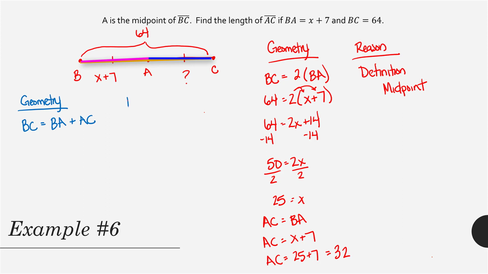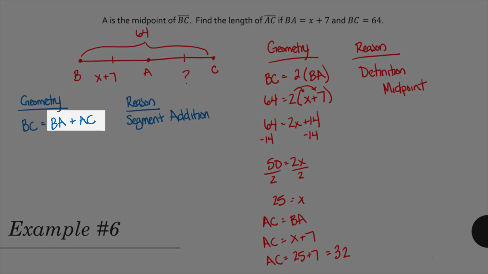And your reason would be segment addition. If you write two segments with a plus sign in there, you have to write segment addition for your reason. Because you are adding segments, segment addition.